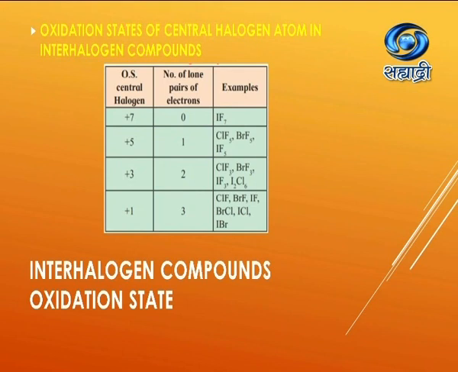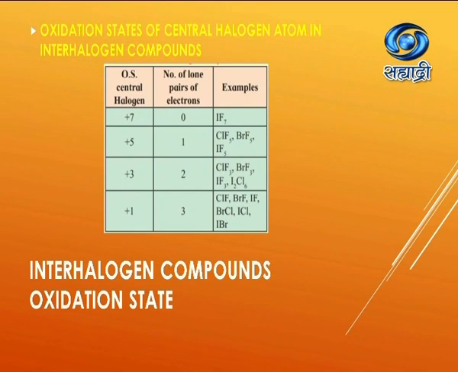Then always X is the halogen atom which has the larger size or is more electropositive. For example, ClF, chlorine monofluoride. So chlorine is electropositive. It has a larger size than fluorine. And so the name is chlorine monofluoride.